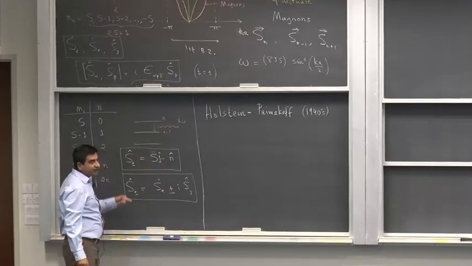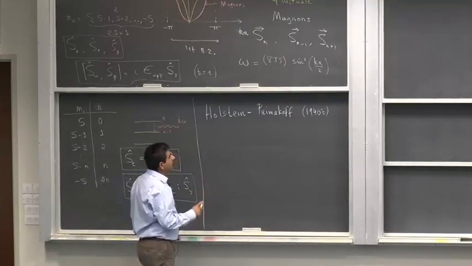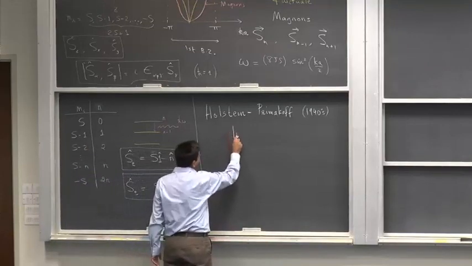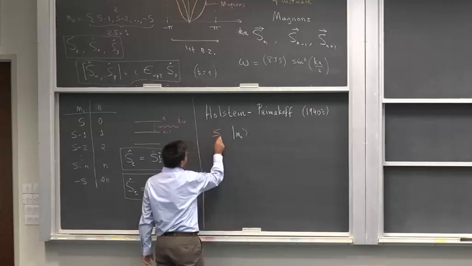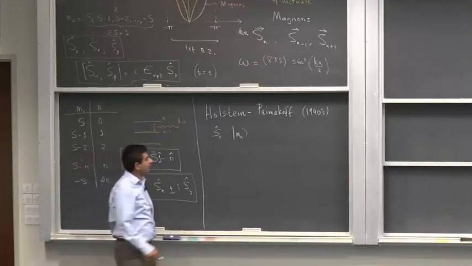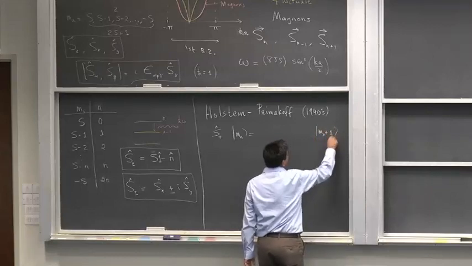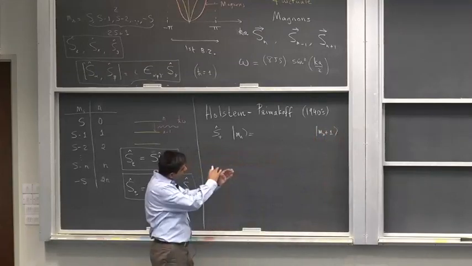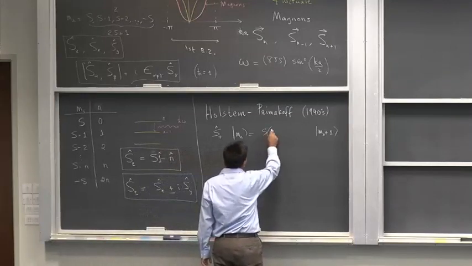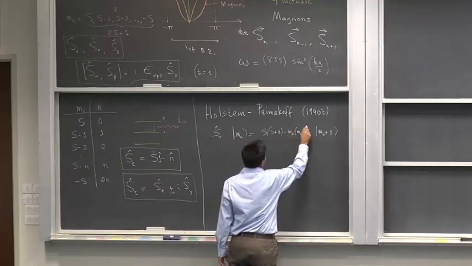Now remember that our ladder operators have certain eigenvalues, and these ladder operators act on the ms states. For example, if I have ms, the s plus operator acts on this state as it increments the value of ms. So what this creates is ms plus 1 and a certain coefficient with this, and that coefficient is the square root of s(s plus 1) minus ms(ms plus 1).